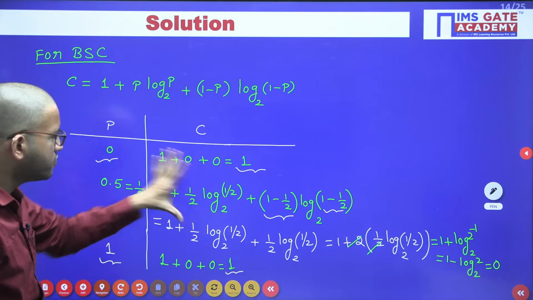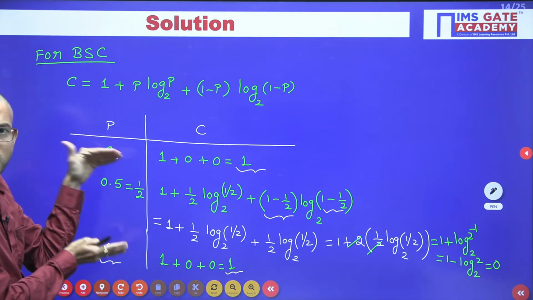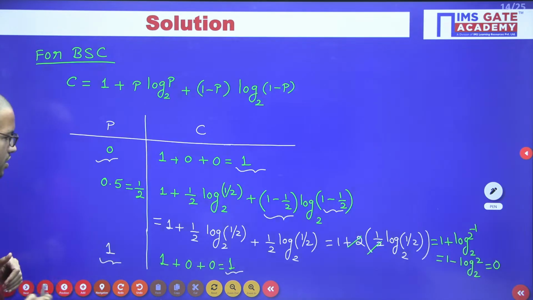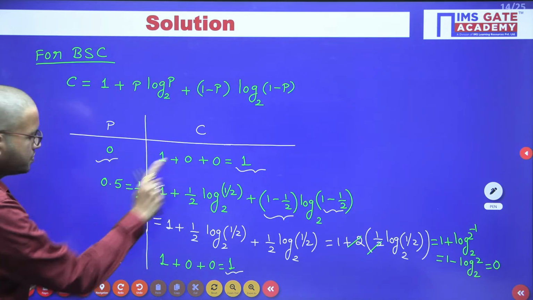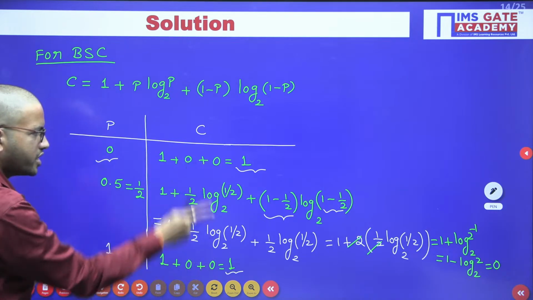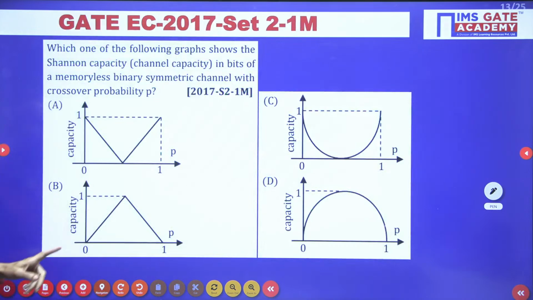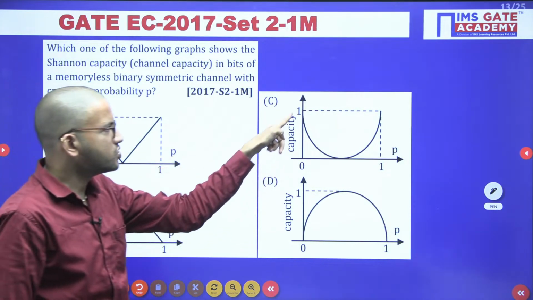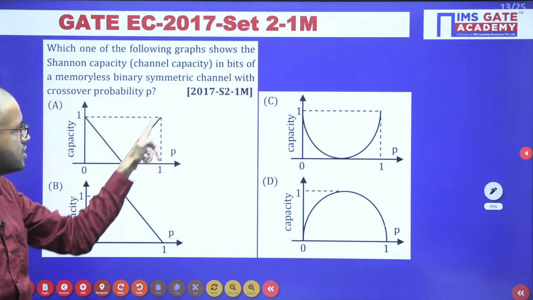With the help of these two observations, if you look at the options, when you have probability 0, channel capacity is 1, and similarly probability 1, channel capacity 1.